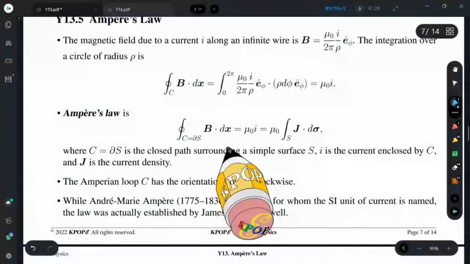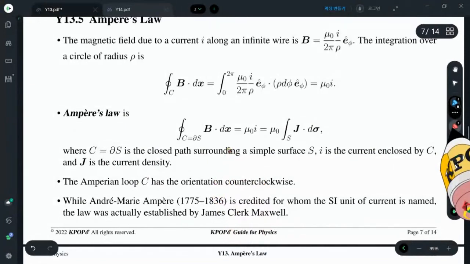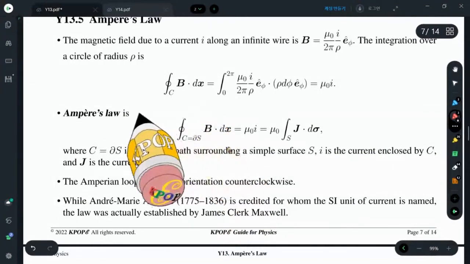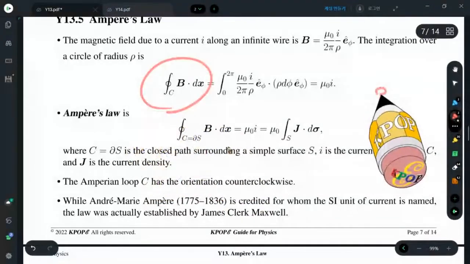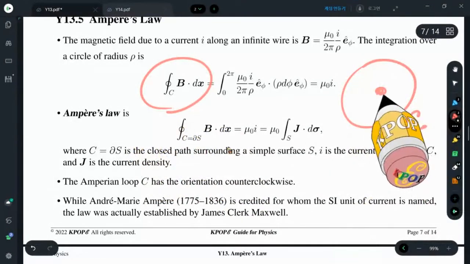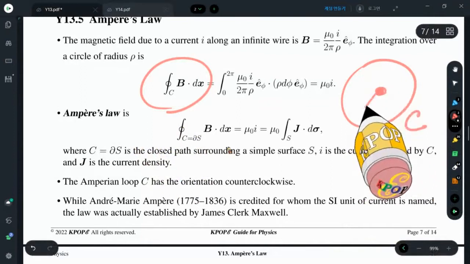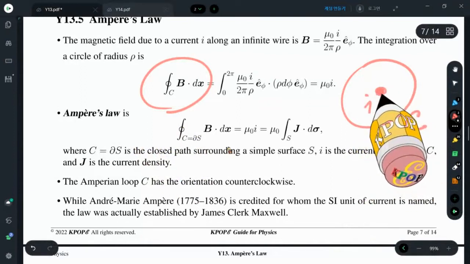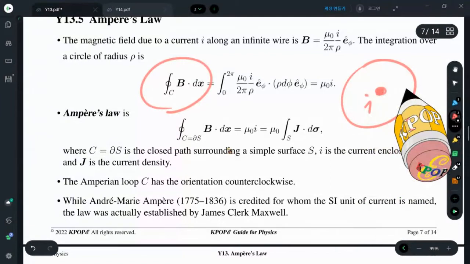Ampere's law. Consider a closed path, and inside, current I passes through.